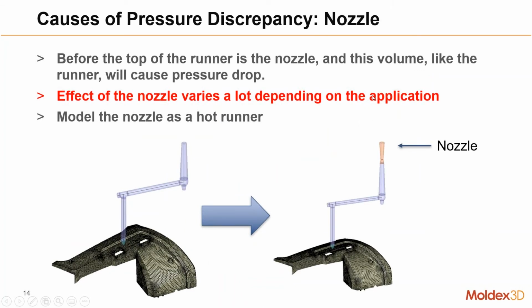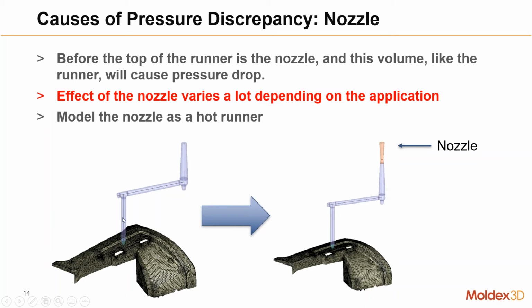All right, the last one here is the nozzle. So as far as the feed system is concerned, the nozzle is typically as far up as we go. Like I mentioned, one of our future webinar topics will allow us to take the calculation up further into the barrel, but right now the nozzle is as far as we go. This over here on the left is kind of a traditional modeling procedure.